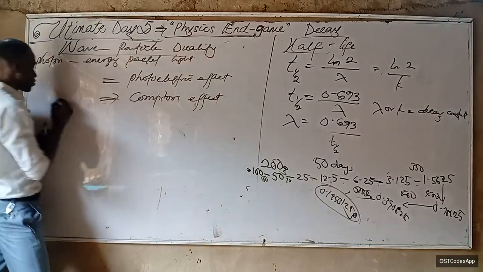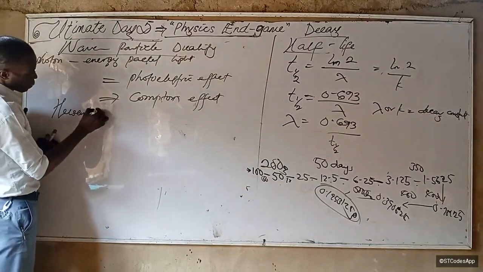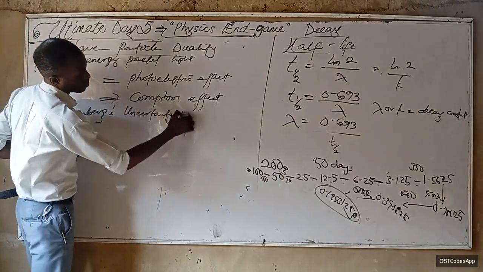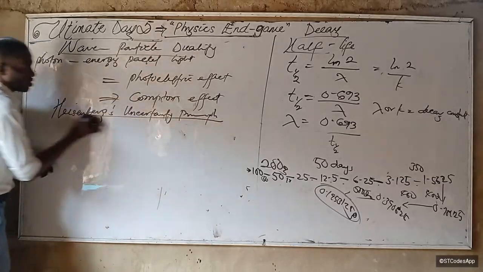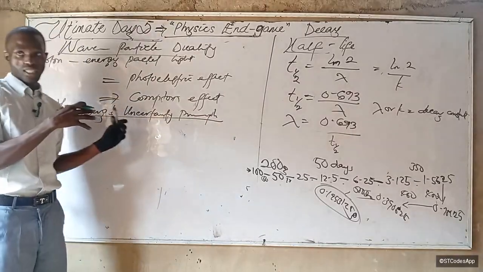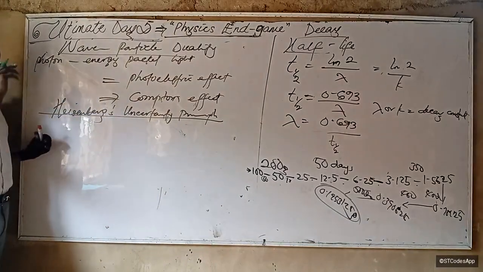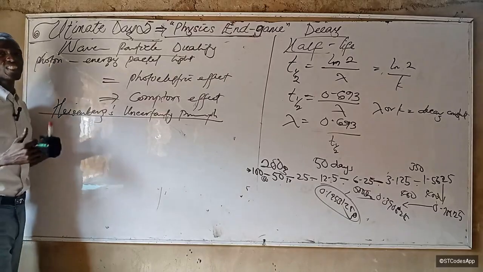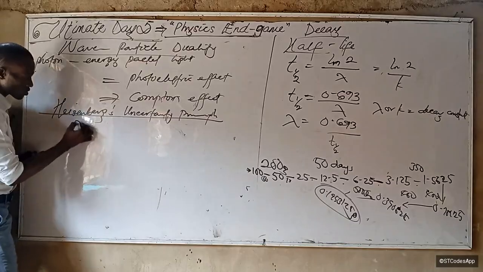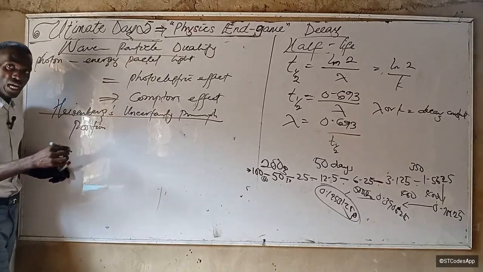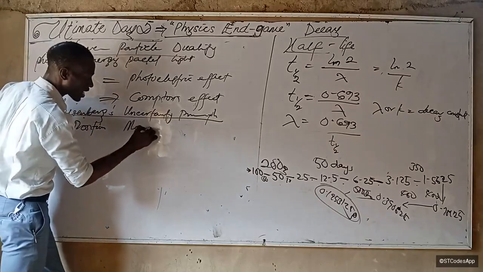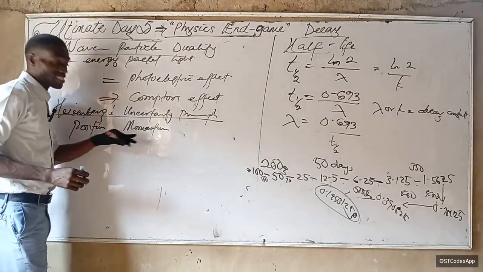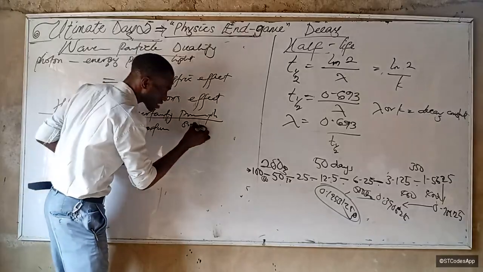So Heisenberg's uncertainty principle states that in physics, it is impossible to determine the exact position of a particle as well as the momentum of the particle simultaneously.